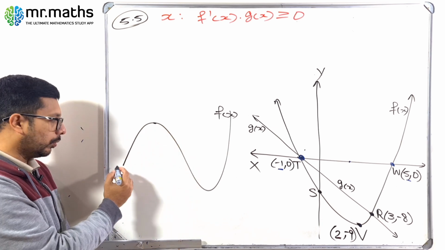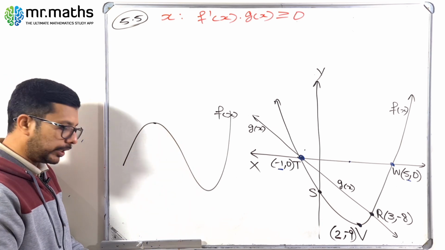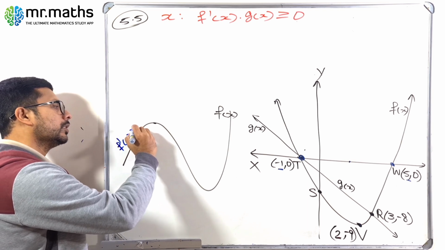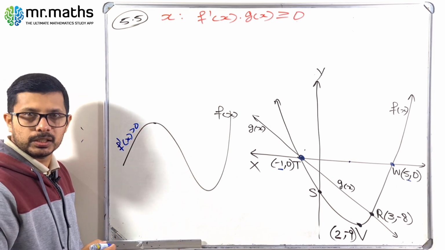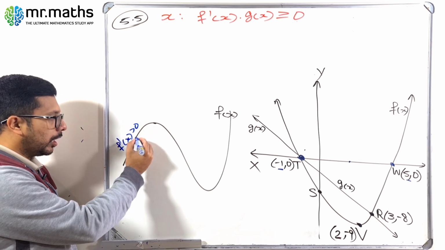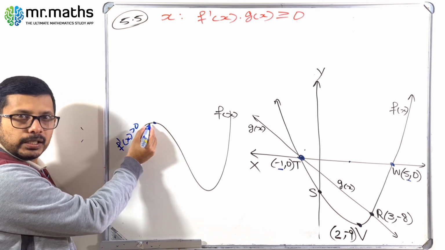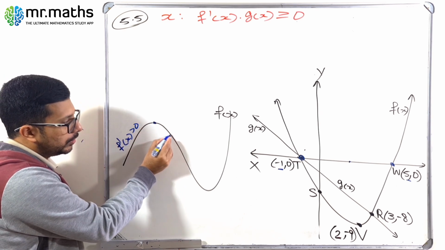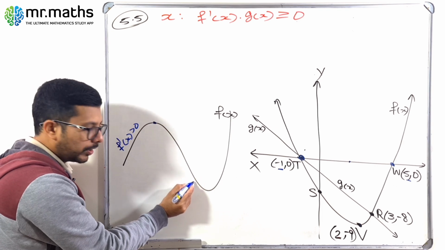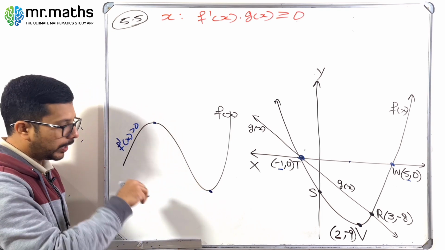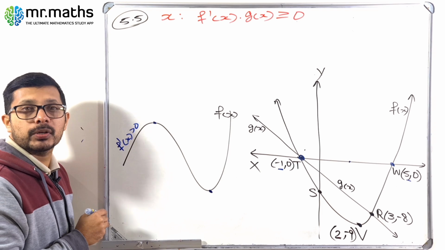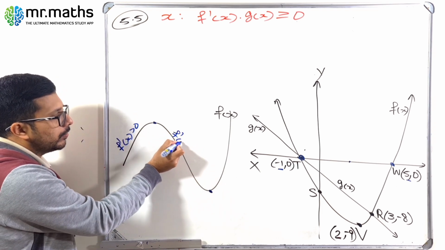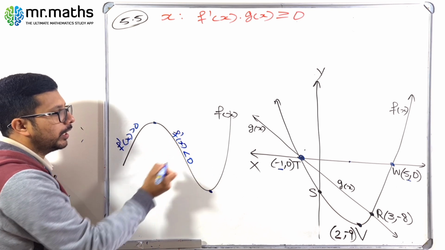When the original graph is increasing, you studied in calculus that the first derivative, f dash of x, is positive, that means greater than 0. From here up to this point the graph is increasing, so the first derivative is greater than 0. From this point the graph is decreasing, and when the graph is decreasing, the first derivative is negative, that means f dash of x is less than 0.